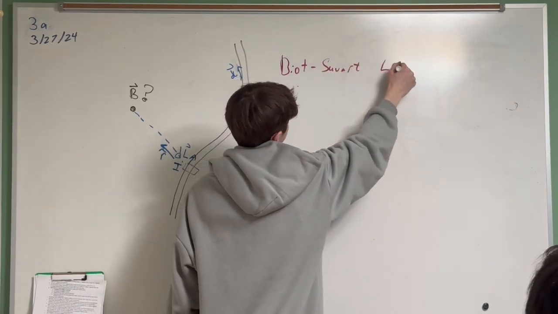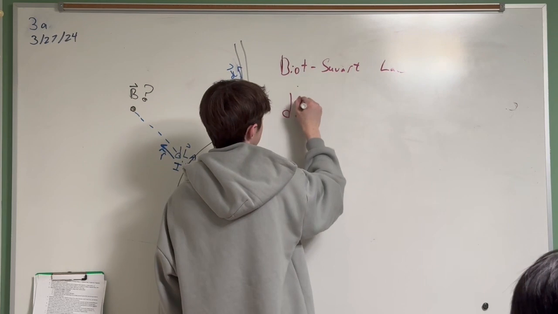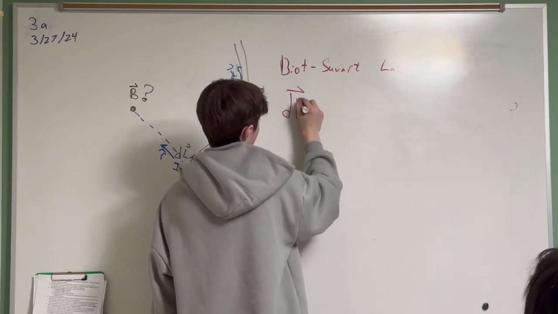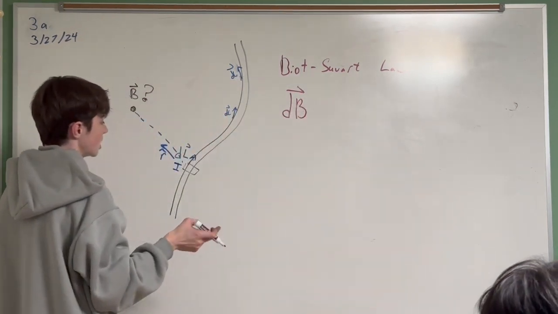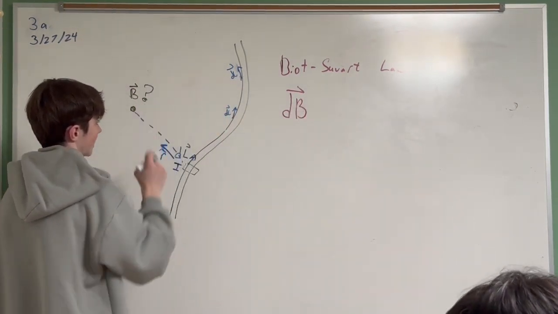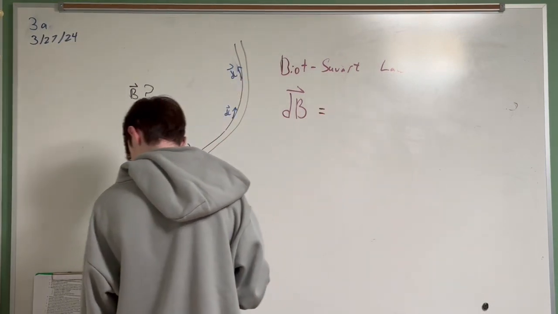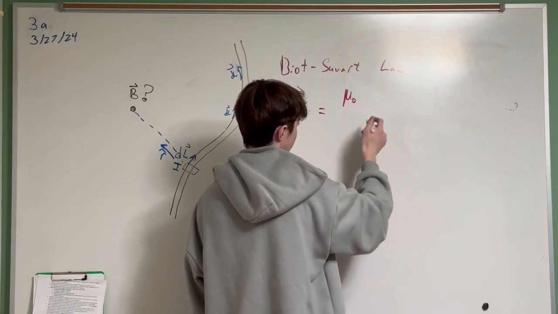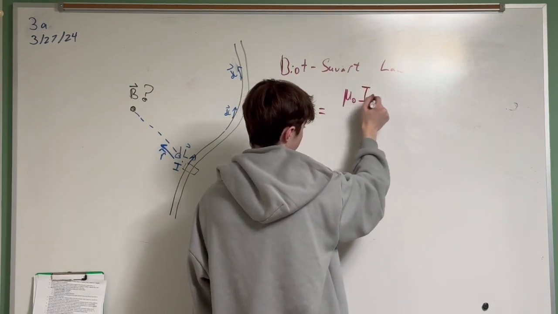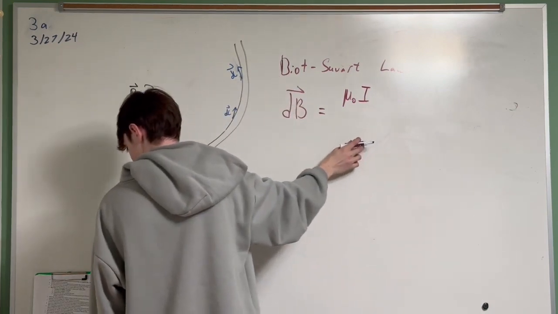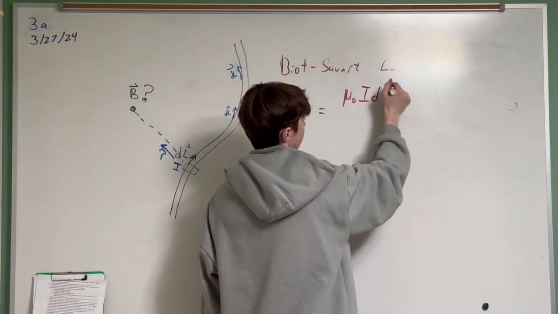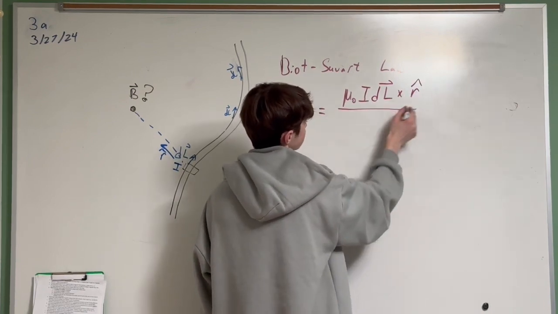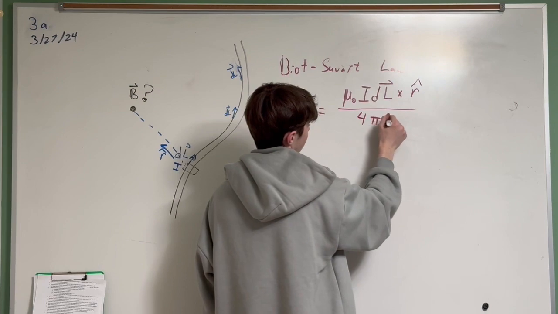It states that dB vector, an infinitesimal amount of the magnetic field, which you have to add up for each section of the wire to get the total magnetic field, is equal to the permeability times the current at each location, times the infinitesimal length vector cross the radius unit vector, all divided by 4 pi r squared.